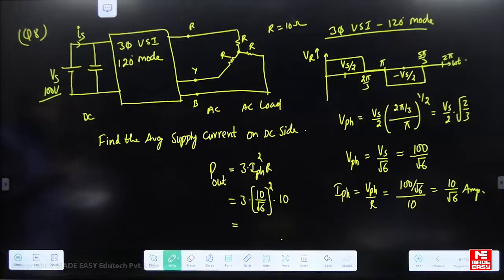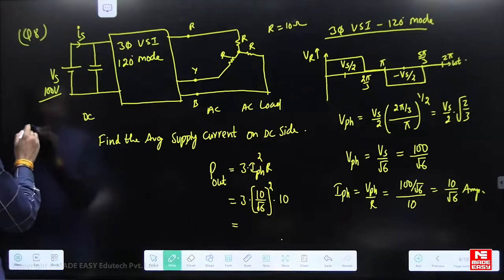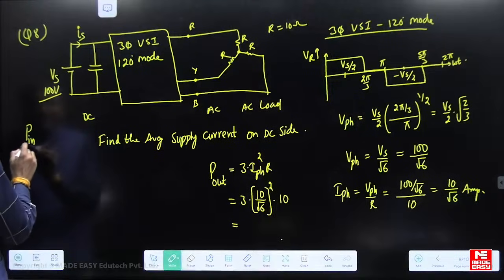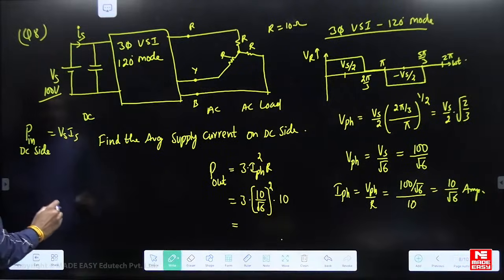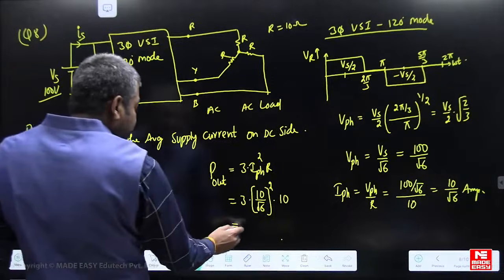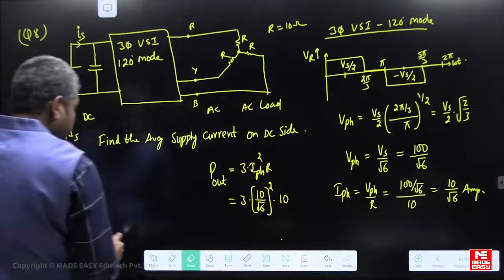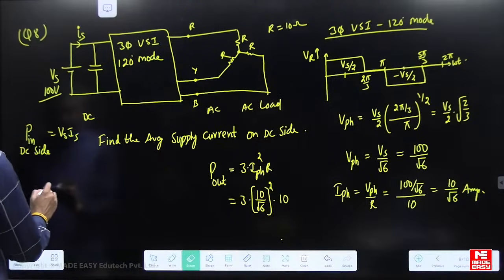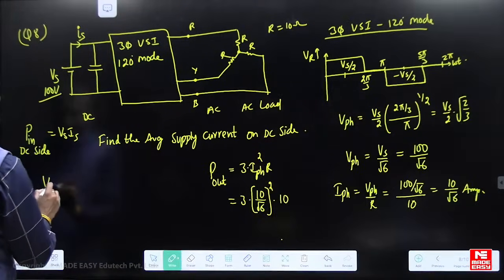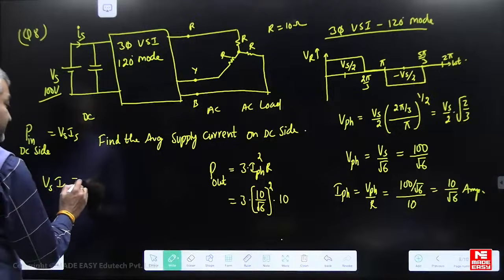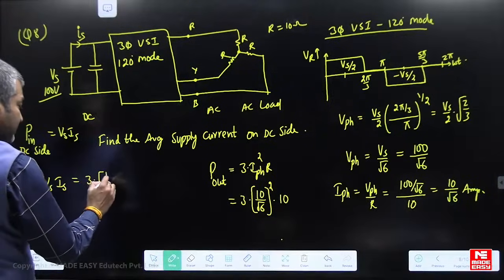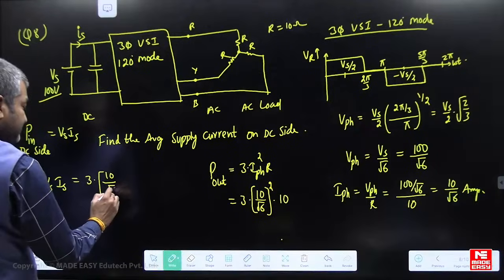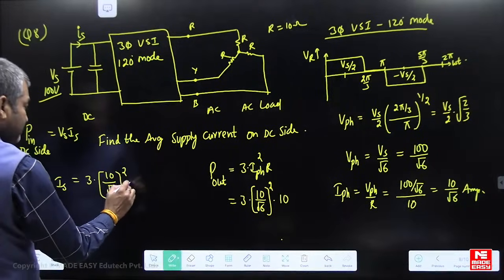Then what is the input power on DC side? Input power on DC side is Vs into Is. You can use the power balance equation straight away. From the power balance equation, input power on DC side Vs into Is is 3 times phase current whole square, 10 by root 6 whole square, into 10.